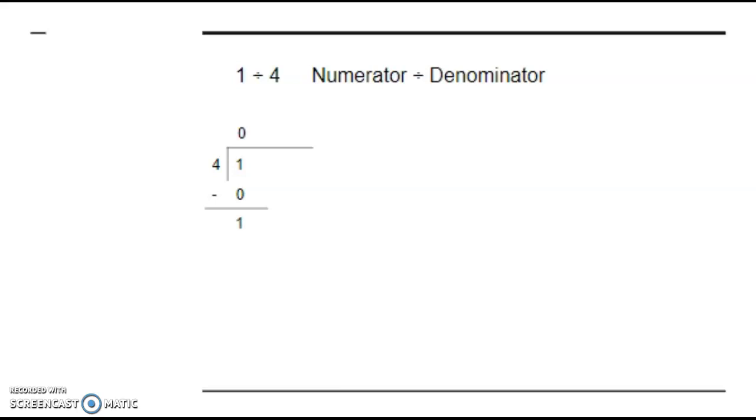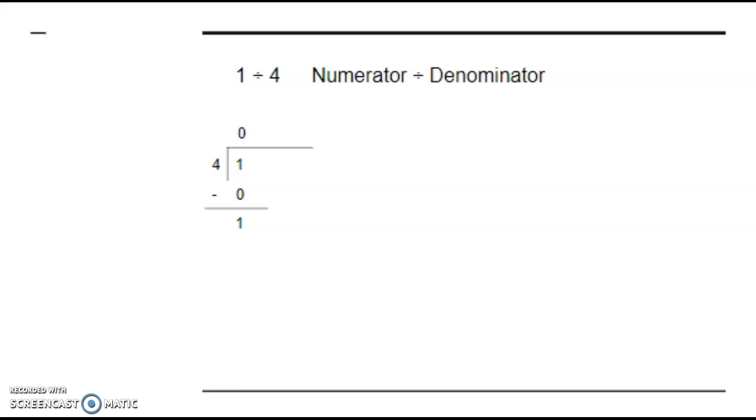Now, remember when I said that this numerator divided by the denominator thing is going to happen? Well, that's what we're going to represent as our fraction. We don't want to keep going on with this information if we're not going to get a different result.